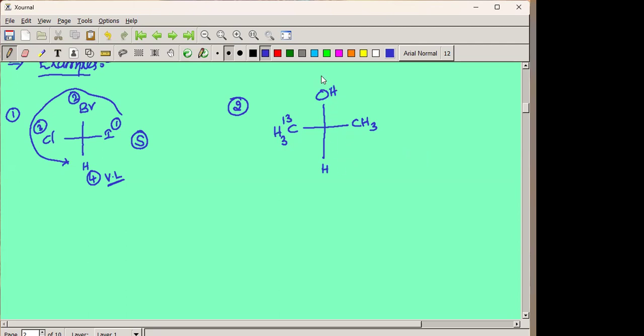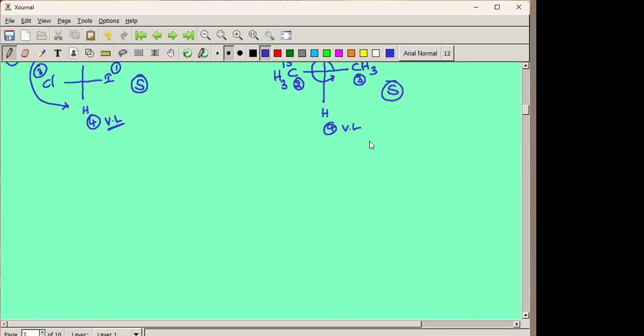Now 1, 2, 3. This is once again anti-clockwise direction. This is also S configuration.